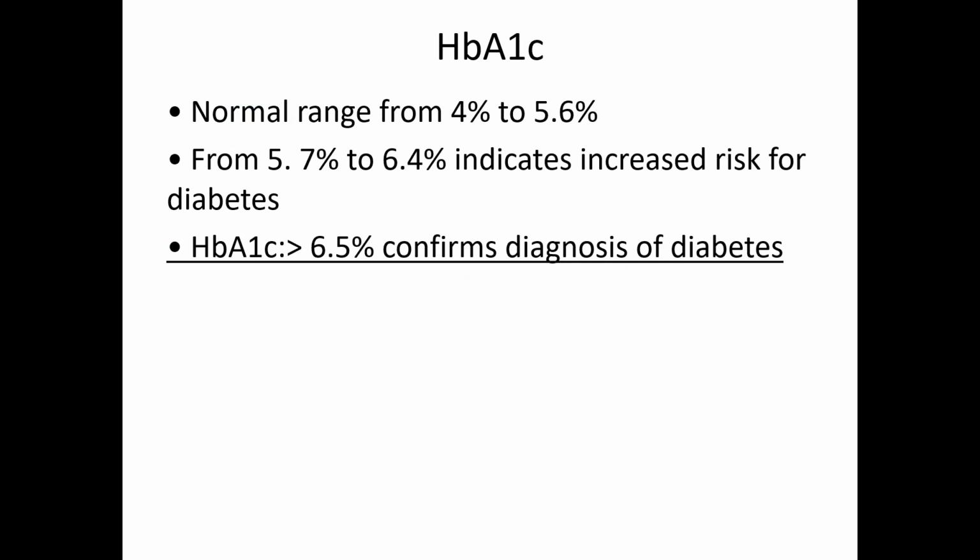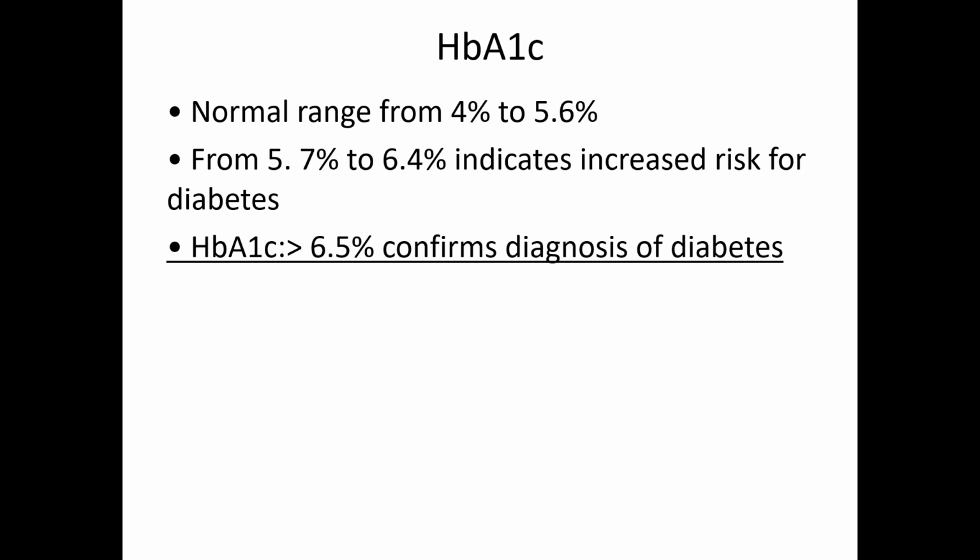Another important investigation in case of diabetes mellitus is hemoglobin A1C. This is the glycated hemoglobin value. Glucose is non-enzymatically complexed with the globin part of the hemoglobin, and this value is in the range of 4 to 5.6% of hemoglobin.